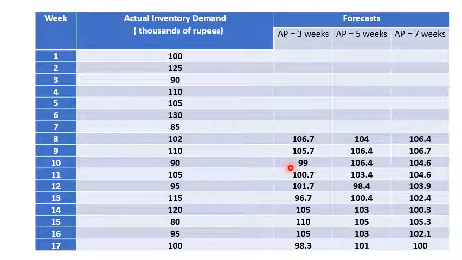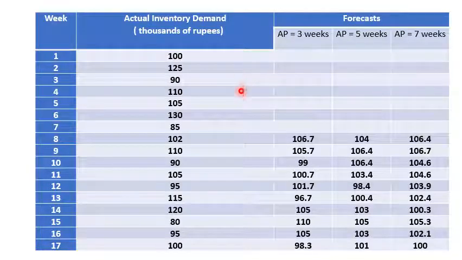Now if I have to find a 5-week moving average for week 10, then I take the last 5 excluding the 10th one, so 1, 2, 3, 4, 5, these 5 values. 105 plus 130 plus 85 plus 102 plus 110 divided by 5 will give me 106.4. Similarly, for a 7-week moving average, if I have to make a forecast for the 10th week, I take the last 7 excluding the 10th, from 9 back to 1, 2, 3, 4, 5, 6, 7.